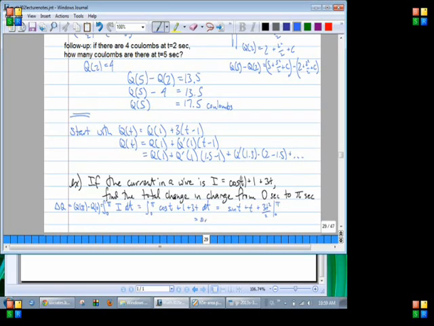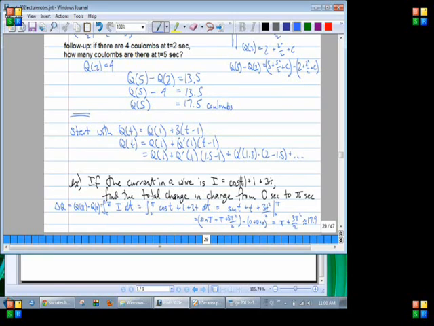So you get sine pi plus pi plus 3 pi squared over 2, minus 0. So you get pi plus 3 pi squared over 2, and you're telling me that that's approximately 17.9.